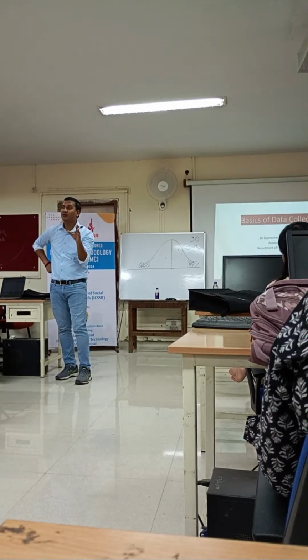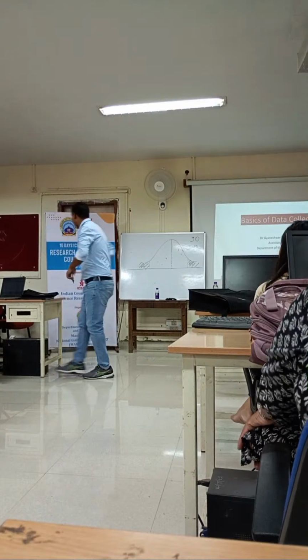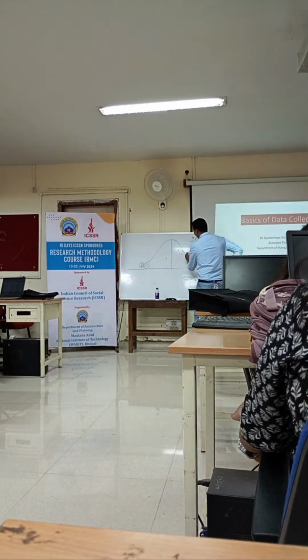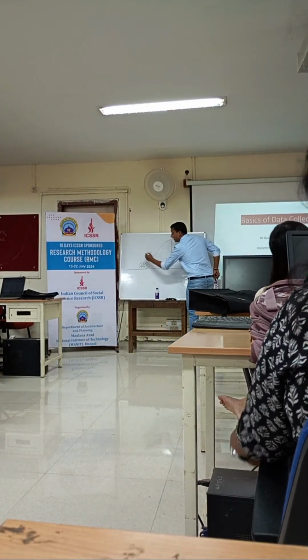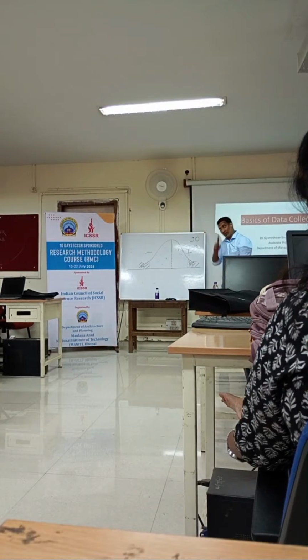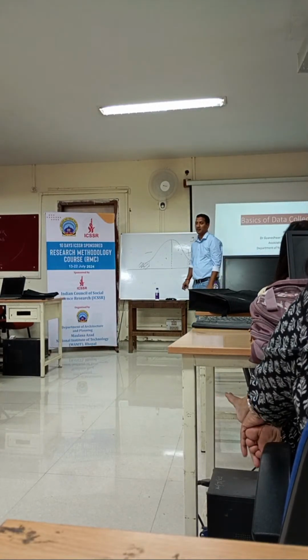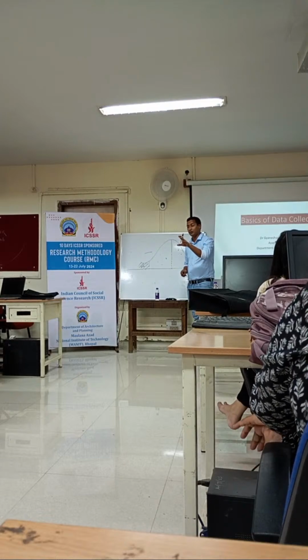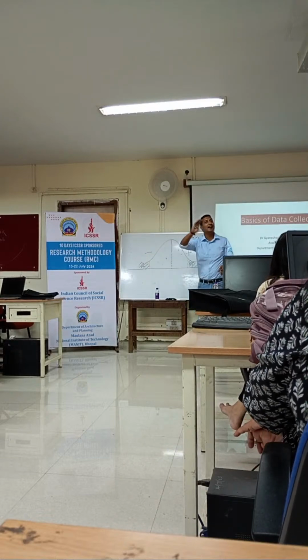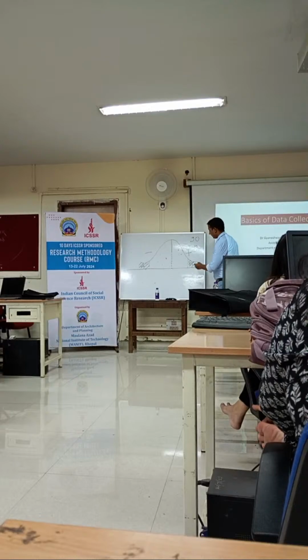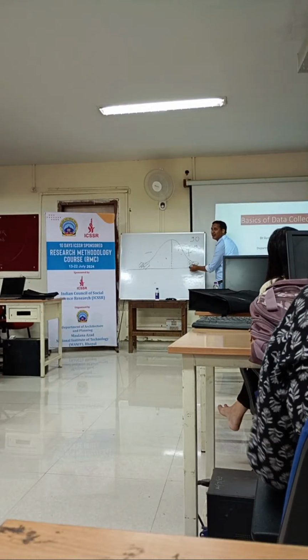One, you assume that there is a negative relation. Remember, this one is the positive side and this one is the negative side. When you propose a hypothesis of a positive relationship between price and sale, you have to see this rejection area.